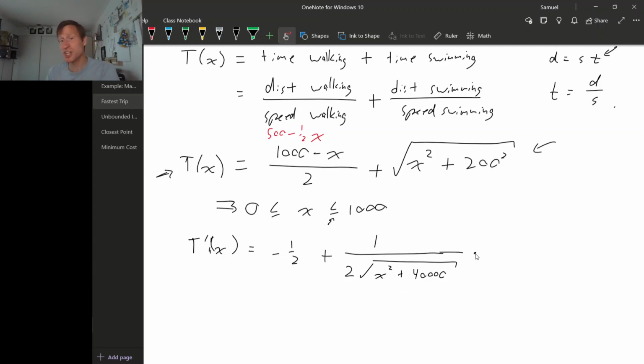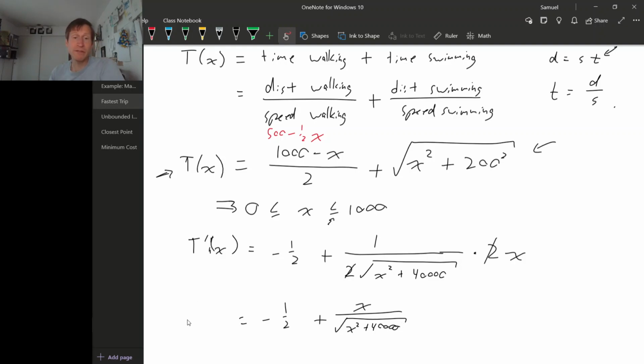And then don't forget the chain rule. We have to multiply by the derivative of the stuff inside, which is 2x. Now we can simplify a little, so we can get rid of those 2's. All right, so we're left with minus 1/2 plus x over square root x squared plus 40,000.